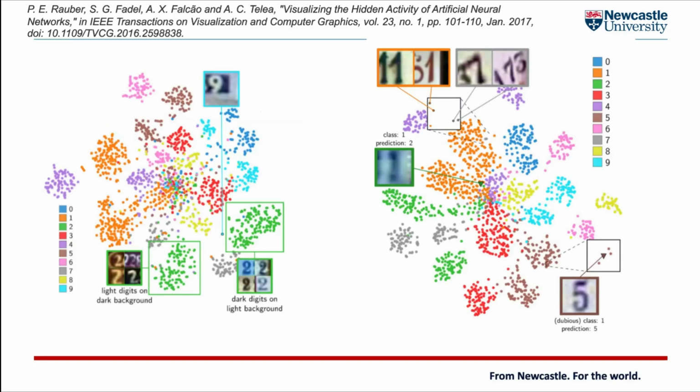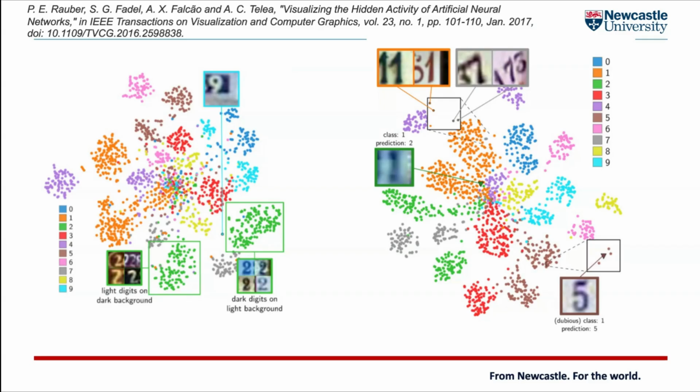And so here we have, this is SVHN. It's a set of digits from Street View. We notice that there are two clusters of green points in the 2 here.